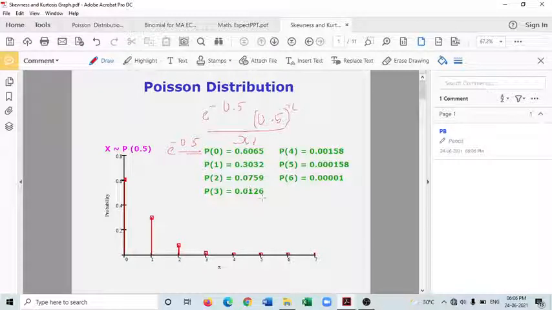Likewise, we can determine all these probabilities by putting in the values 1, 2, 3, 4, etc. When it reaches 6, the probability becomes very negligible, so we are not recording its value. In the graph, at 0 the highest probability is nearly 0.6065, at 1 it is 0.3032, at 2 it is 0.0756.